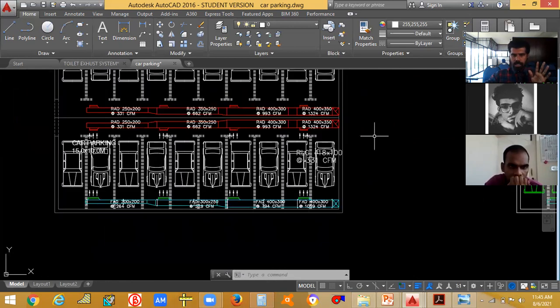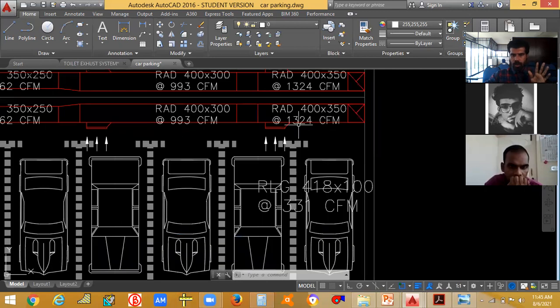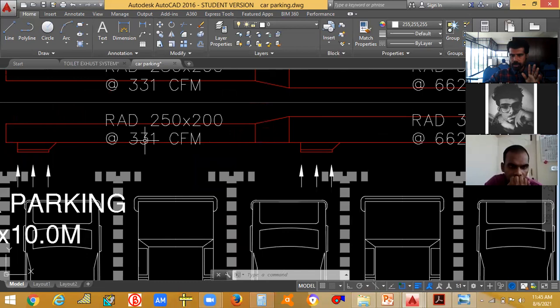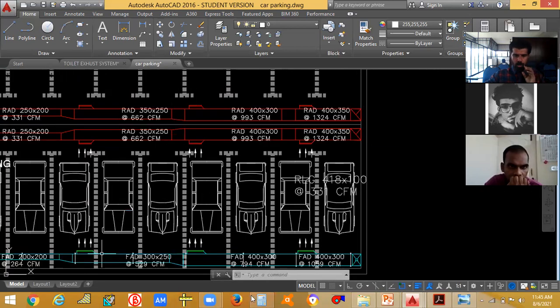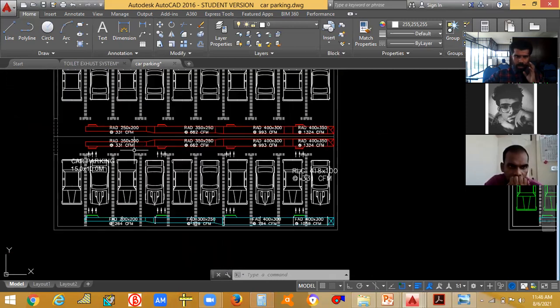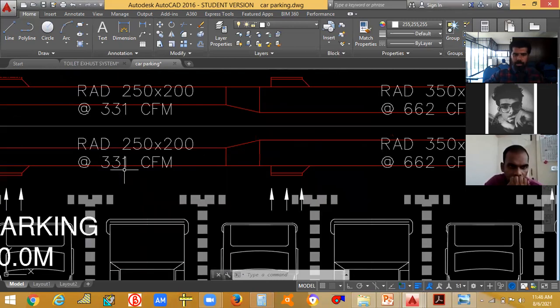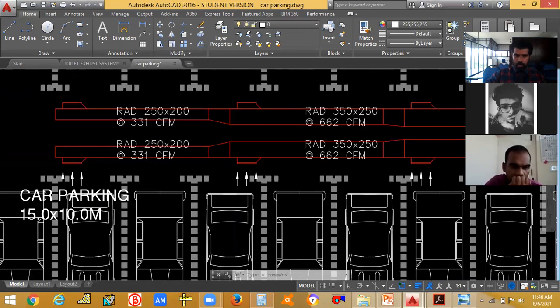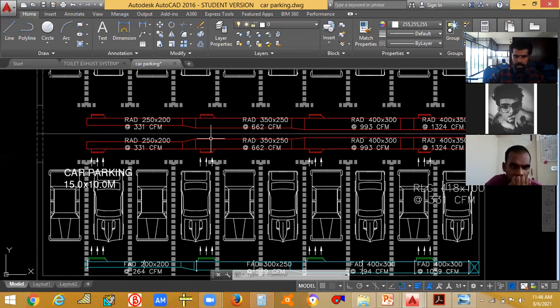So 1,324 divided by 4, I got 331 CFM. For this 331 CFM, I found the return air duct size with the help of duct sizer software. Now, what will be the CFM in this duct?